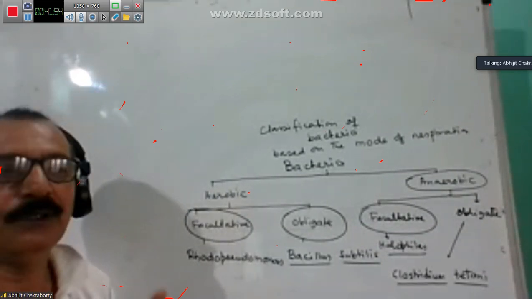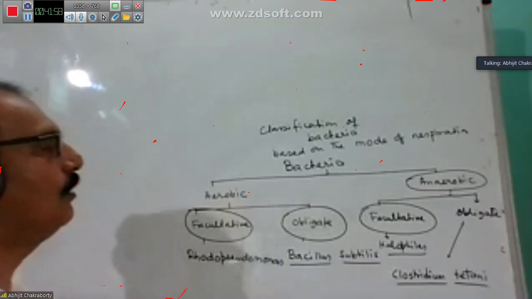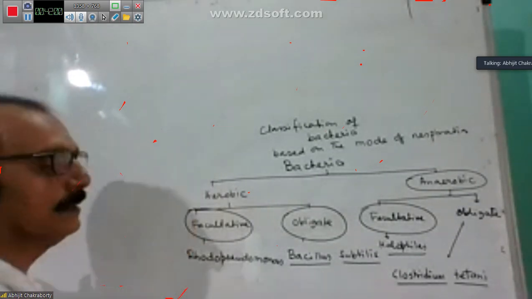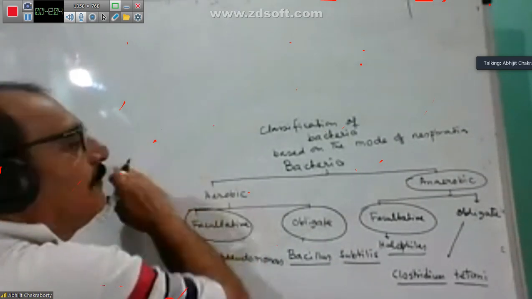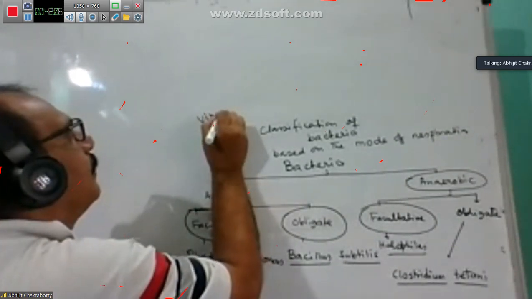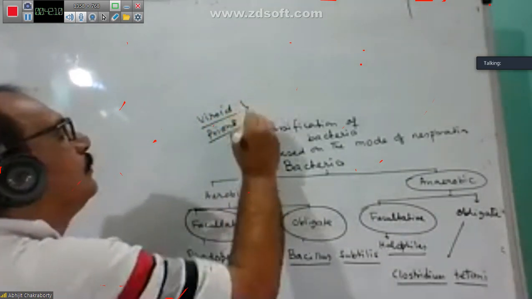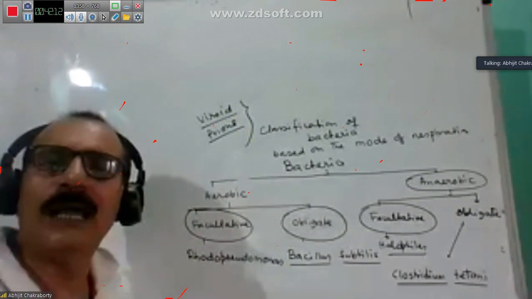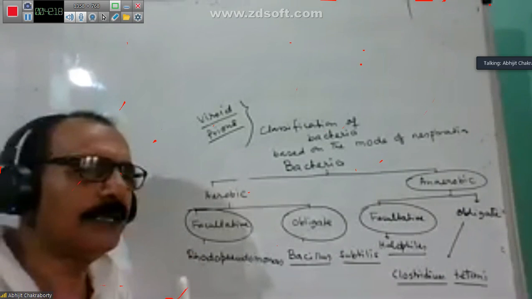Sorry. Now, one thing is left, so I recall. I think I completed the virus. I forgot about the viroids and prions. These two things may be left. Simply I am telling you, in terms of viroid, actually not a virus.